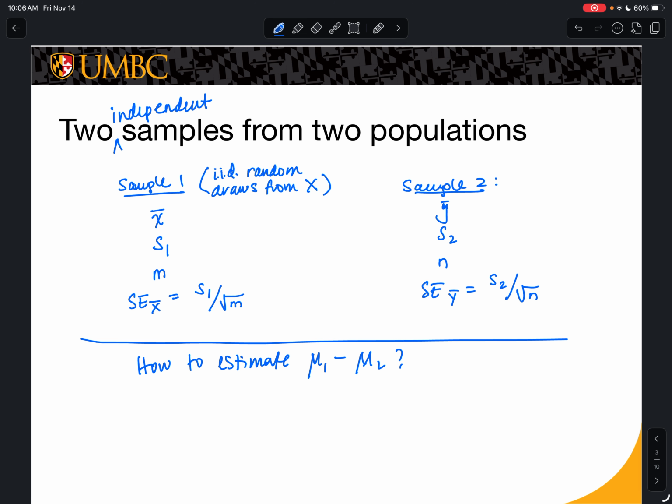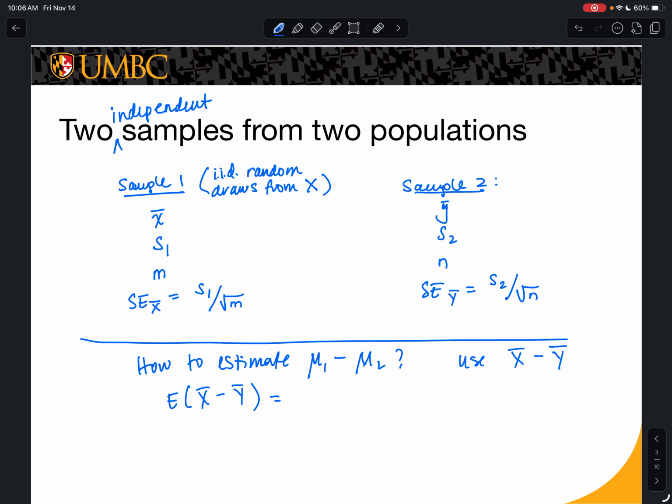Because mu1 minus mu2 is really what we're after. We're after knowing, is this difference equal to 0 or is it equal to something else? So to do that, the obvious thing would be to use the difference in the sample means. Think of each of these sample means as its own random variable because it's drawn from the sample. Then we know some things about the difference in sample means. We know the expected value of the difference in sample means.